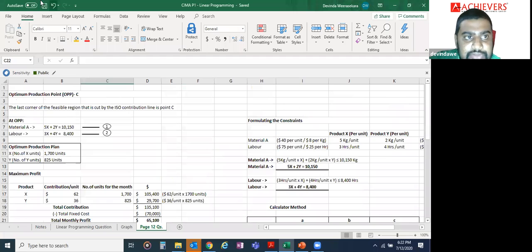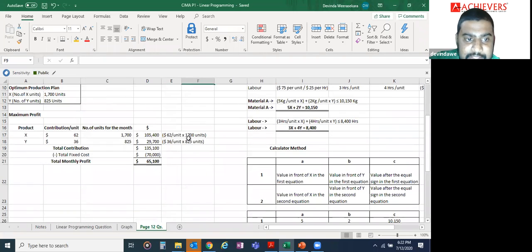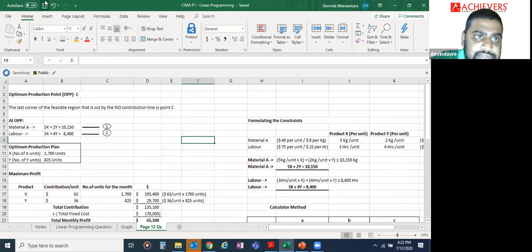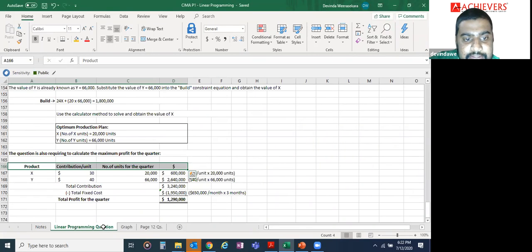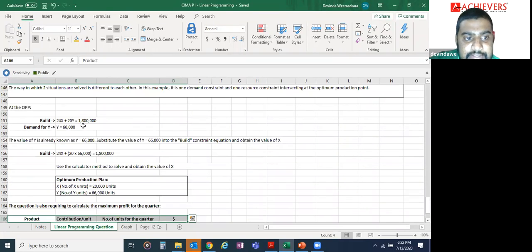So that's how we solve the graph and get the optimum production plan if two resource constraints are intersecting. If it's one resource and one demand, we use the substitution method like we did here.